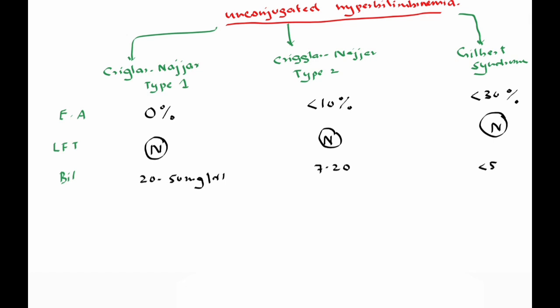Now coming to bile pigments in all these types. In Crigler-Najjar type 1, there are traces of bilirubin glucuronides in bile, while in Crigler-Najjar type 2, the bilirubin conjugates will be much decreased, while in Gilbert syndrome, it will be decreased to 30% of normal.